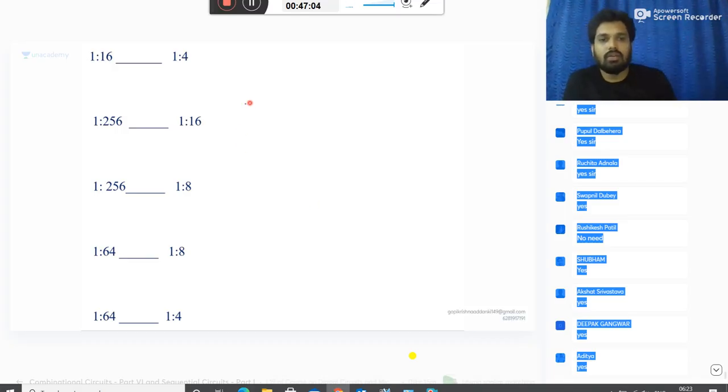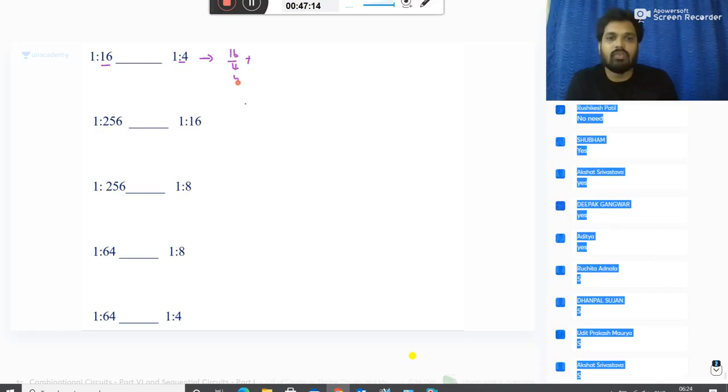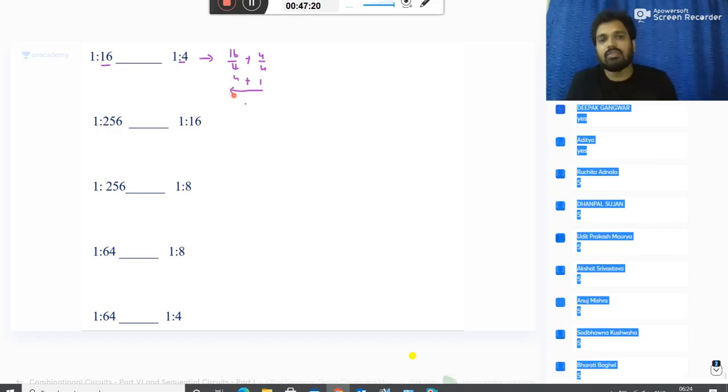So here, what is the answer? This is 16 and 4. So divide 16 by 4, you will get 4. 4 by 4, you will get 1. 4 plus 1. Here the order is reverse, low to high. Similarly here, divide 256 with 16, you will get 16.